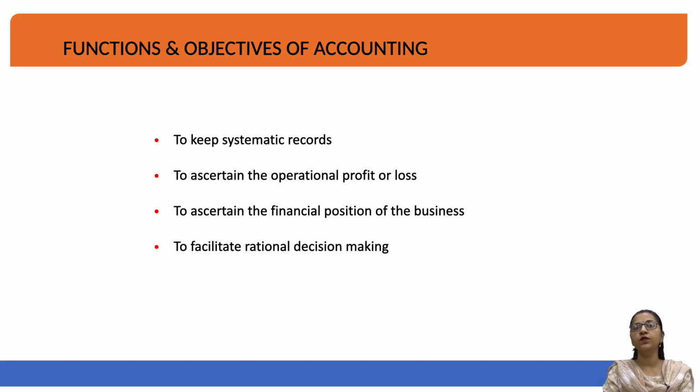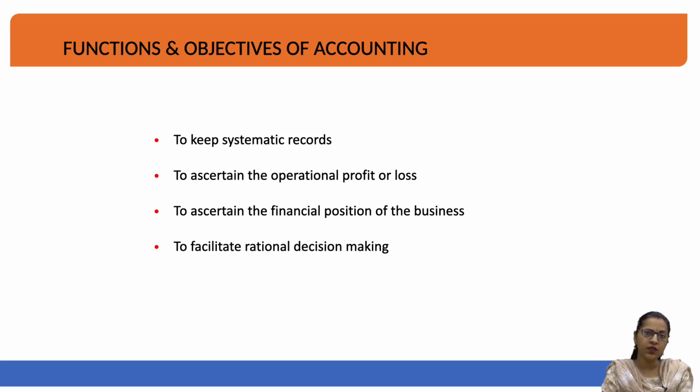What is the meaning of systematic record? The systematic record of a company would be in line with all the transactions which have been done in the past. For example, if we talk about a company called Reliance, Reliance would like to know what the transactions were in the last financial year.